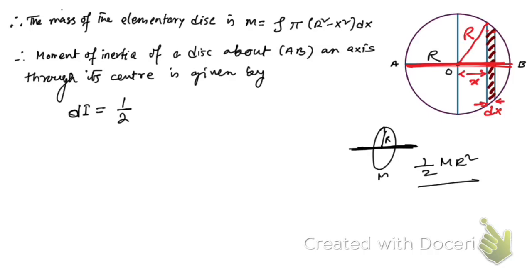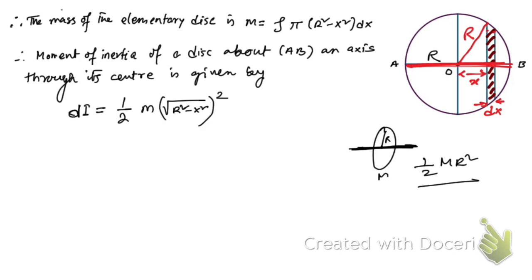So here the mass is what we have got. Here I am writing small m, because capital M is the mass of the whole sphere. Then the radius is root over (r square minus x square), whole square.